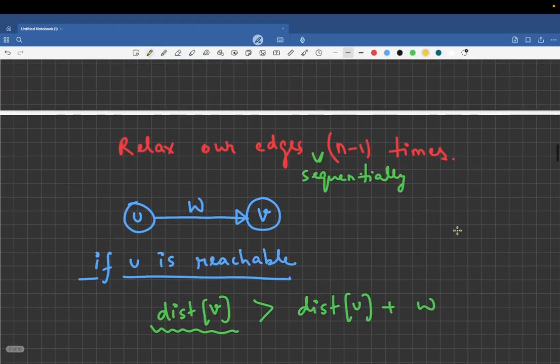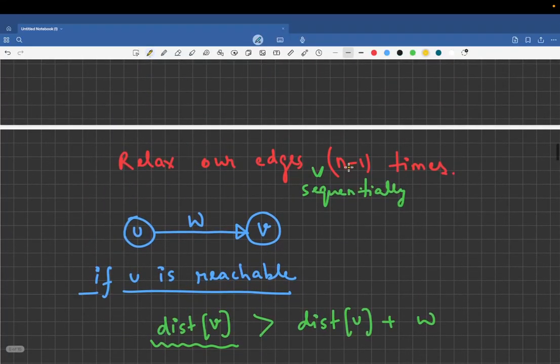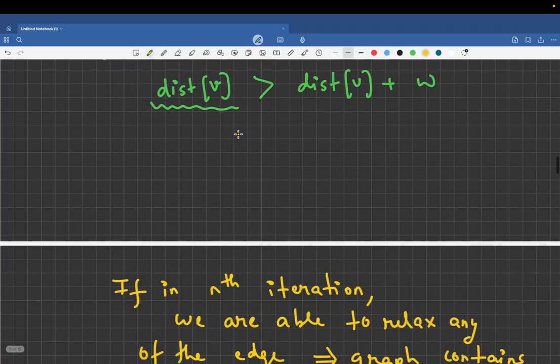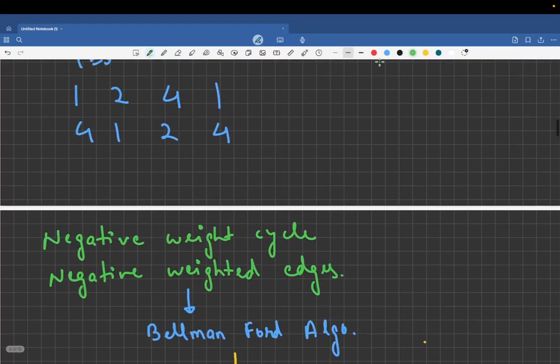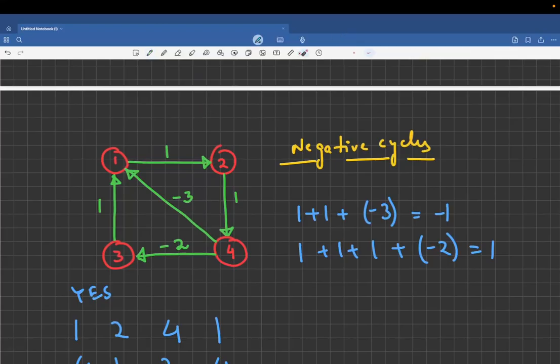So the basic intuition behind Bellman-Ford is that if you have performed the iteration n minus 1 times, then from the source you have the shortest distance to every node. Now even after that, if you are able to relax your edges, this means that you don't have any finite shortest distance to a particular node. It is actually part of a negative cycle. Why am I saying this? See, let's suppose this particular graph is given in the input, and I've calculated shortest distances.